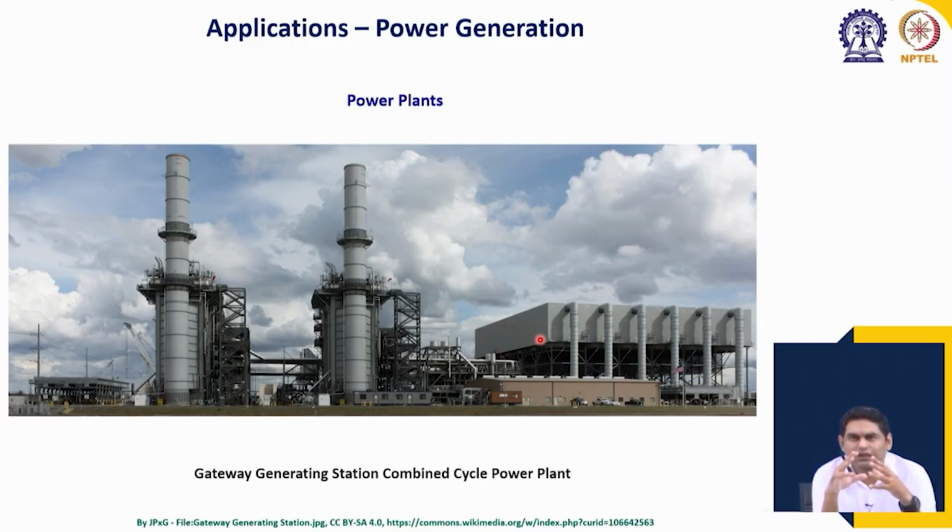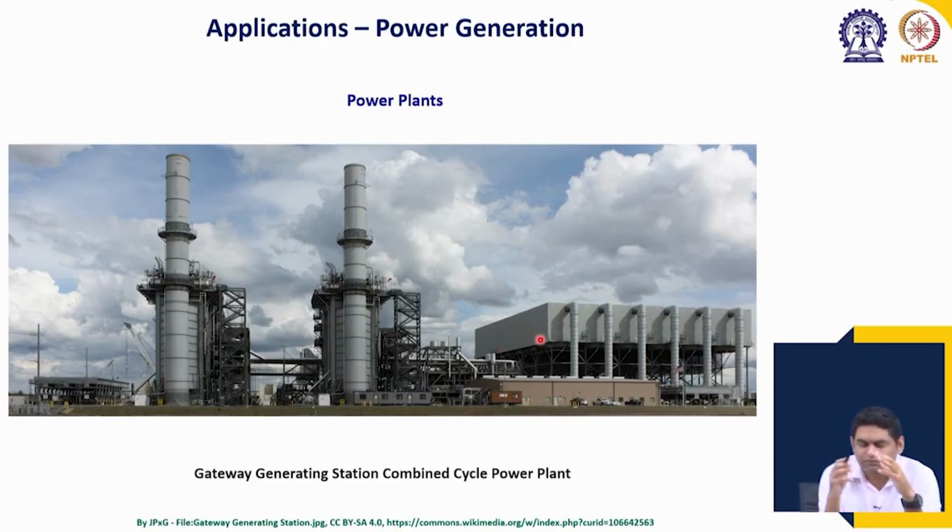Either the steam cycle can be directly combined with the gas turbine cycle, or they can exist in parallel, where part of the load is generated by the gas turbine and the bulk of the base load is generated by the steam turbine. The gas turbine is there to cater to any fluctuations or any sudden jump in load requirement. In those cases it is very helpful.